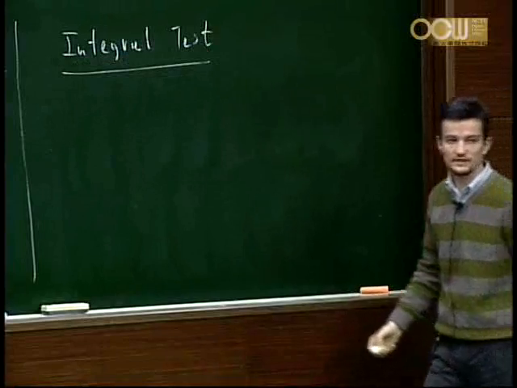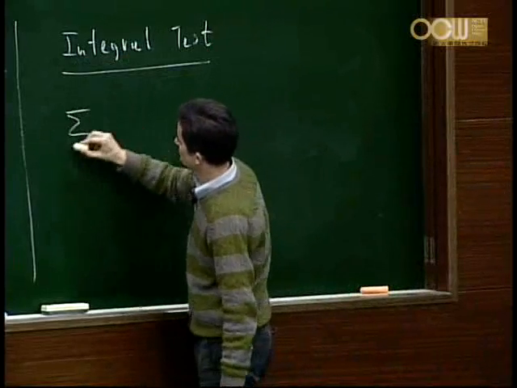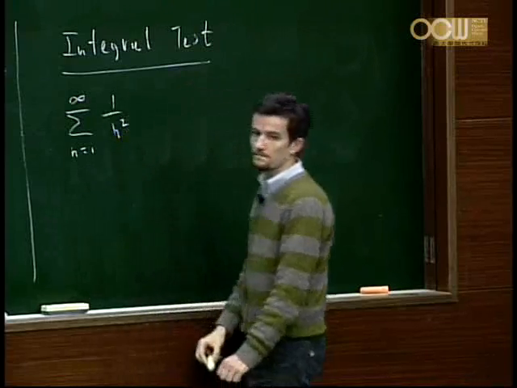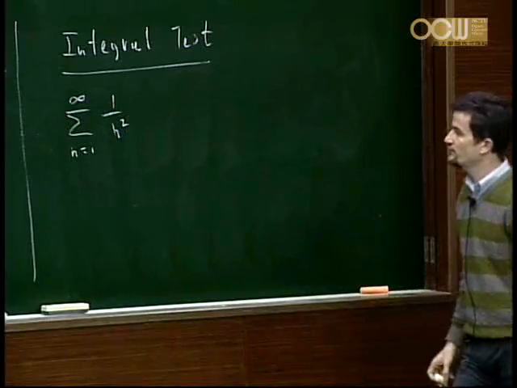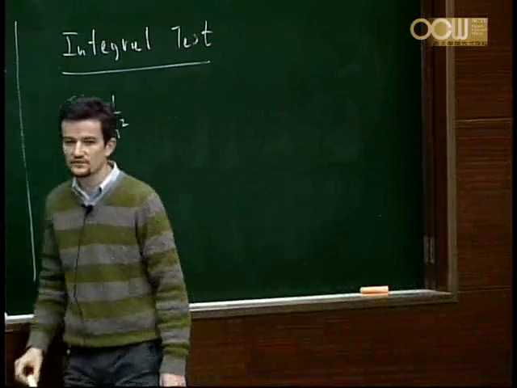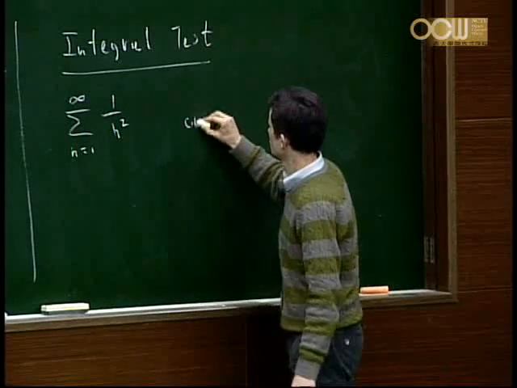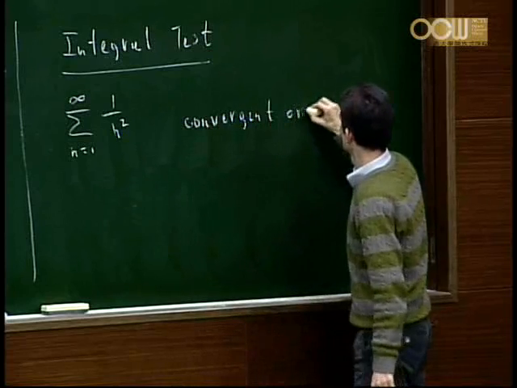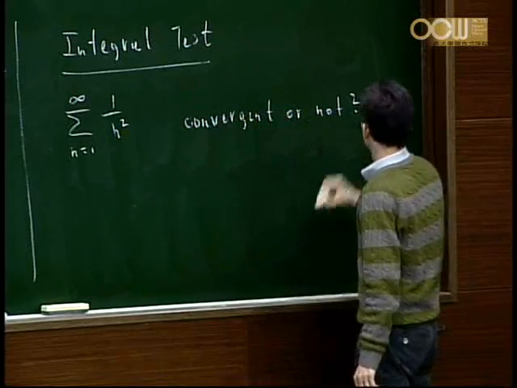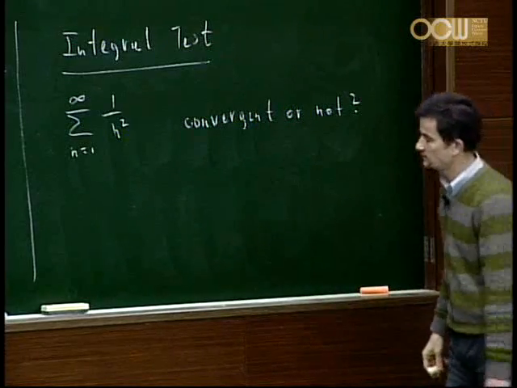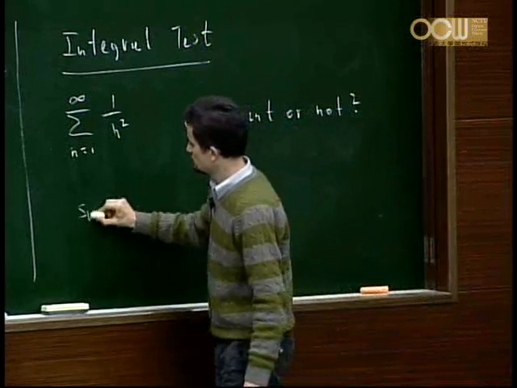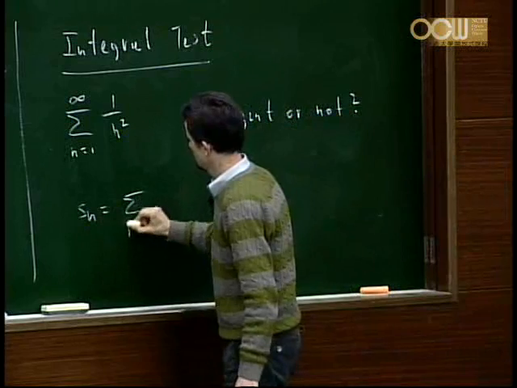Now, this is already for this series here. So we want to figure out, okay, is this series convergent or not? Of course, as I already said, you could use your calculator and look at the partial sums.